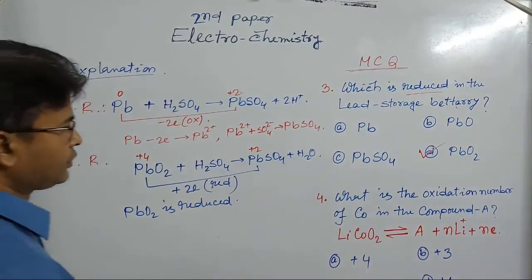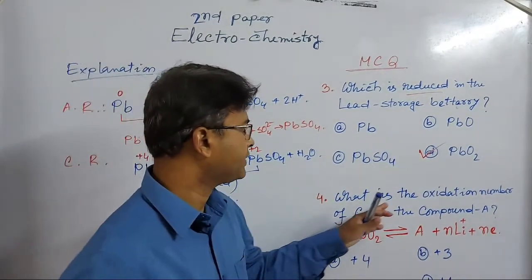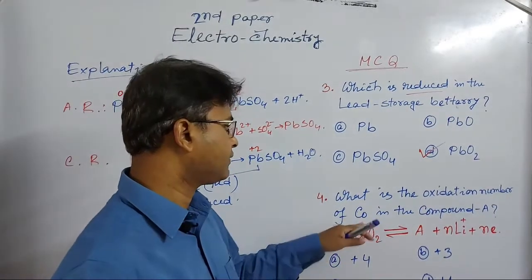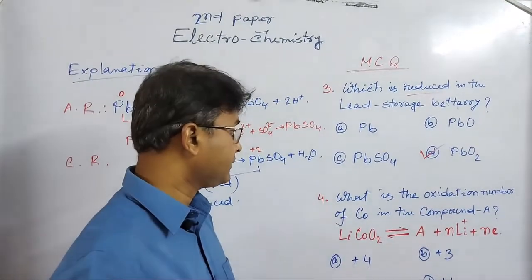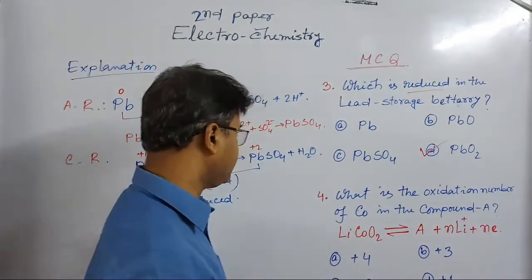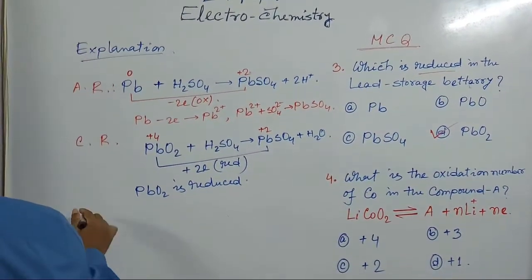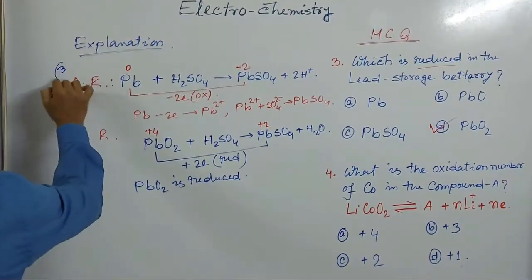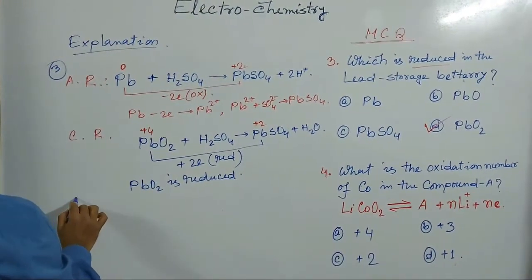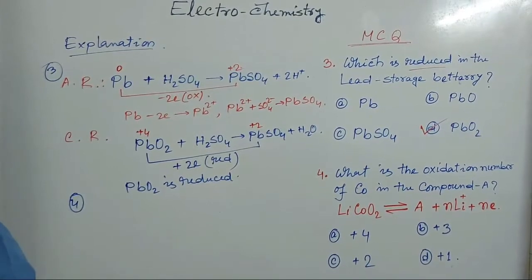Number 4, what is the oxidation number of cobalt in the compound A? Dear students, first you have to complete the reaction.